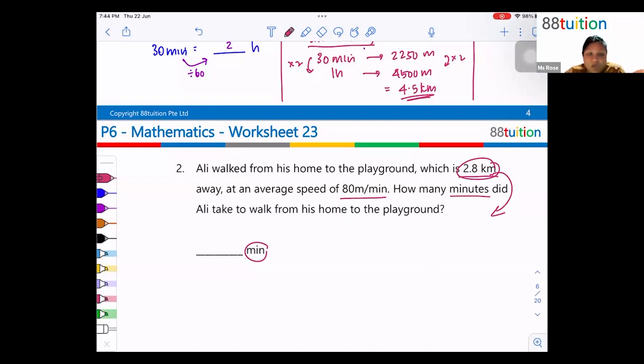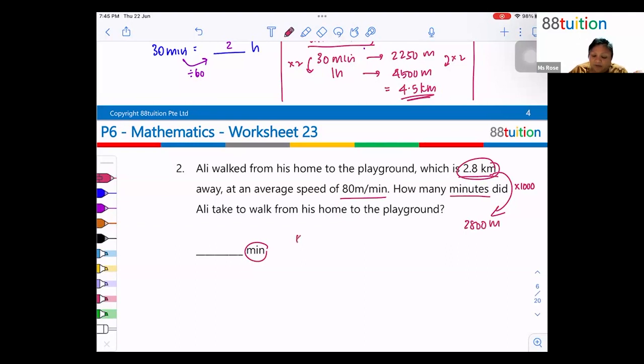Cannot. Because if everything is in meters per minute, that means the distance must also be in meters and not in kilometers. Yes. Correct. Okay, so now I times 1,000. Yes, Hannah, that's right. So I times 1,000 to give me 2,800 meters.